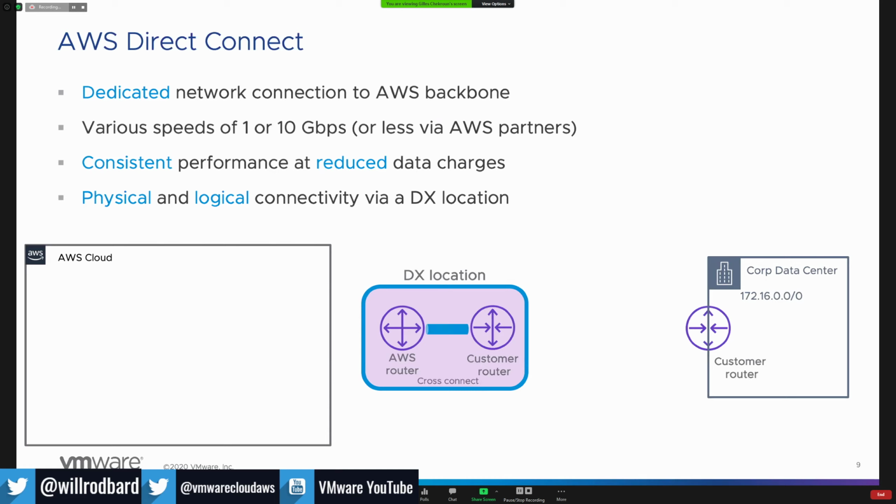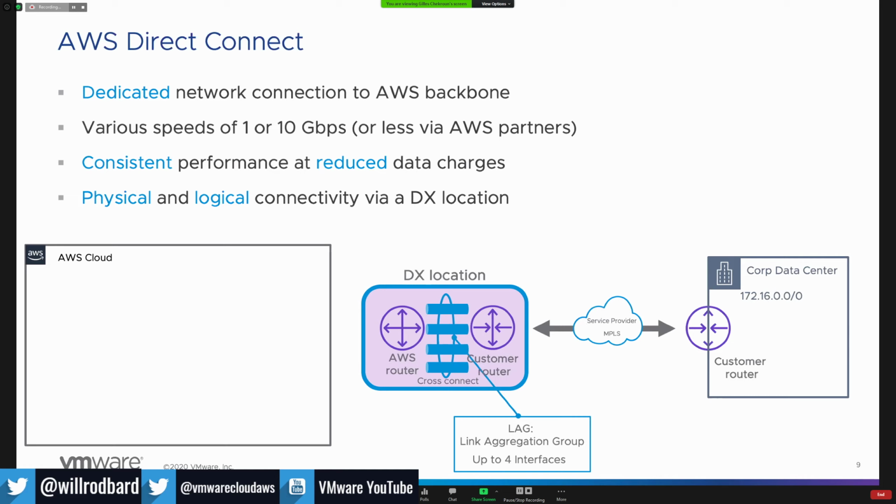And these two are connected with fiber optic, something called cross connect. And you can have 4 of them and you can do a link aggregation with 4 of them. Okay. Next to that, you have your service provider, usually MPLS networks that go back to your customer router on-prem.